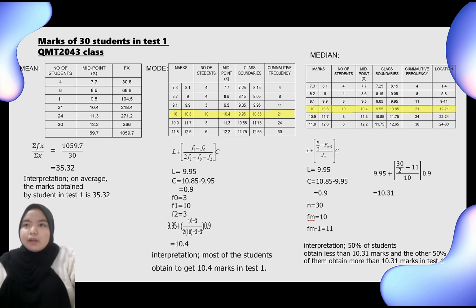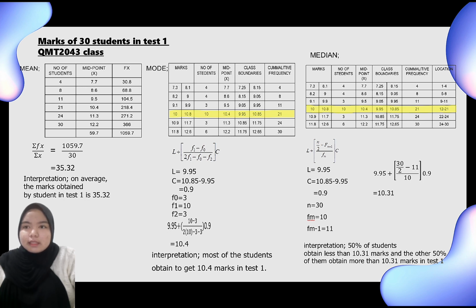Okay, L for the median is 9.95. For C, 10.85 minus 9.95 equals, the answer is 0.9.